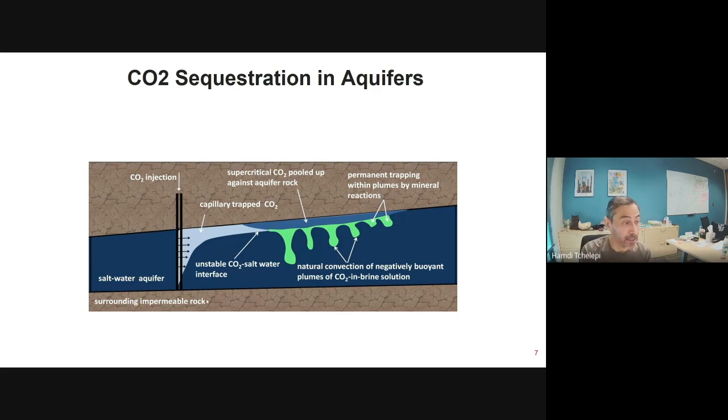And the expectation is, as I discussed earlier, that the CO2 is less dense than the resident water, and it's also less viscous than the resident water. So it will creep up to the top of the formation and form what we refer to as a gravity current. So in this light blue color, now you have the CO2, and several things are going on. There is an interface between the gravity current and the underlying water. That interface will have some of the CO2 dissolve into the underlying water.